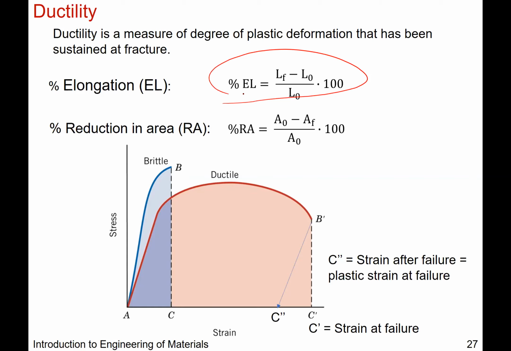This starts to look like epsilon, right? If epsilon is delta L divided by L naught, percent elongation is that multiplied by 100.